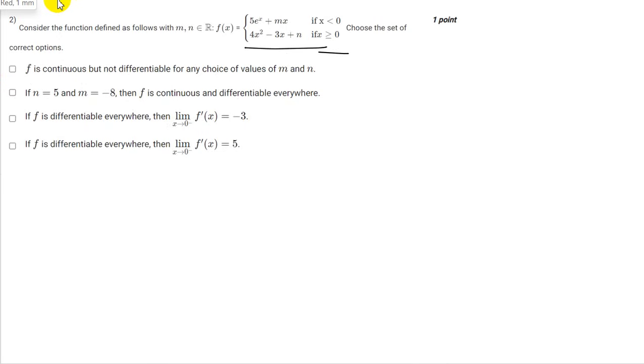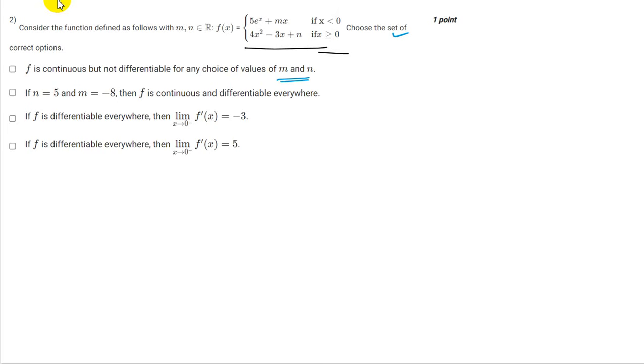Consider the function defined as follows with m, n belonging to R. f(x) is equal to 5e^x plus mx if x is less than 0, and 4x square minus 3x plus n if x is greater than 0. Choose the set of correct options. Okay, so f is continuous but not differentiable for any choice of the values of m and n.